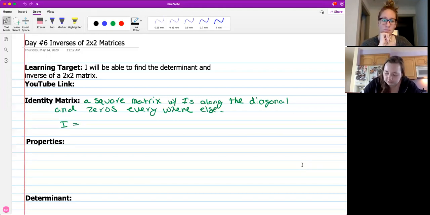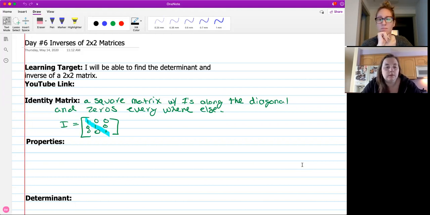If we have a 3 by 3 matrix, we're going to have 1, 0, 0, 0, 1, 0, 0, 0, 1. As you can see here, we have ones along the diagonal and then zeros everywhere else. And so that's what your identity matrix is. If we were to have a 2 by 2 matrix, we would have 1, 0, 0, 1.